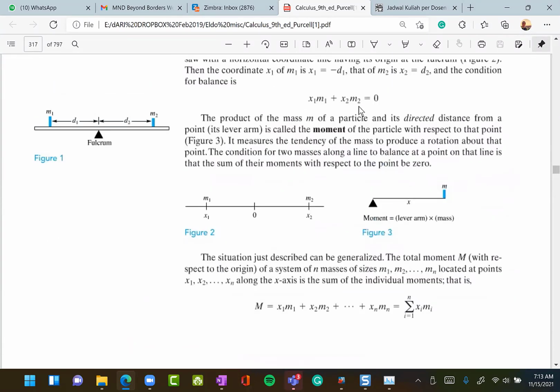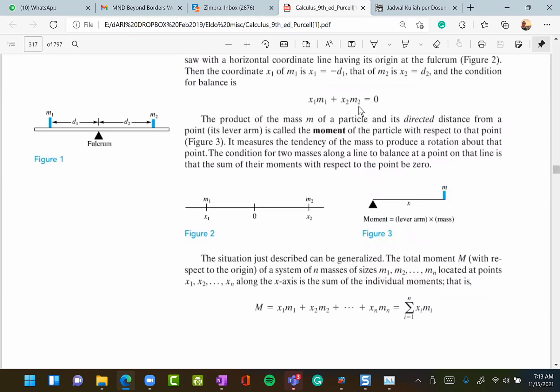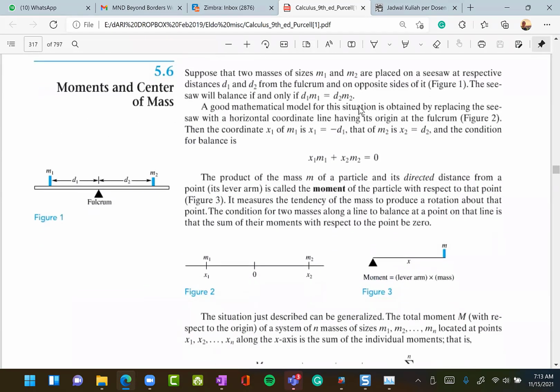That's about moment and center of mass. So we're computing the center of mass of an object called a lamina.